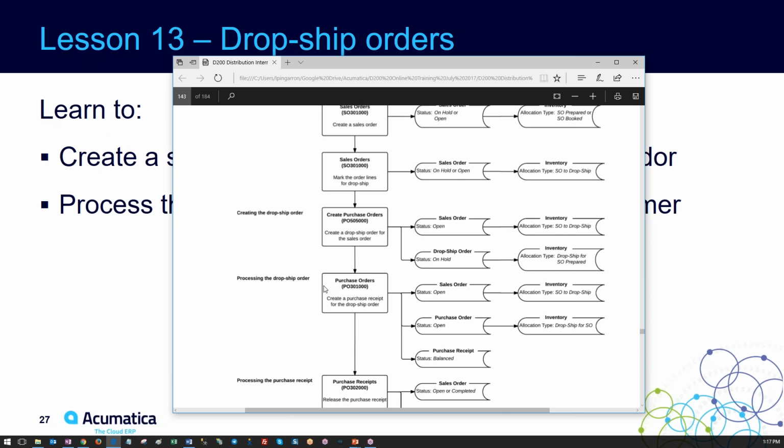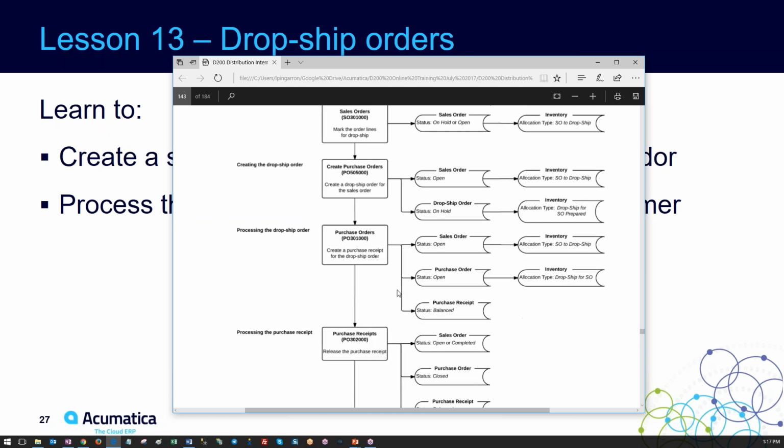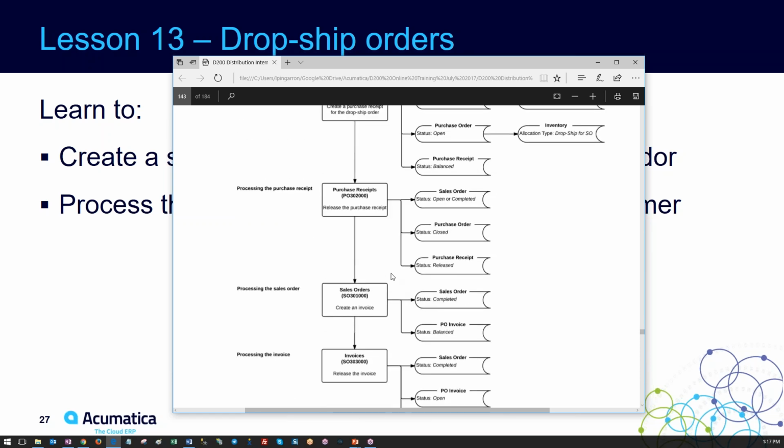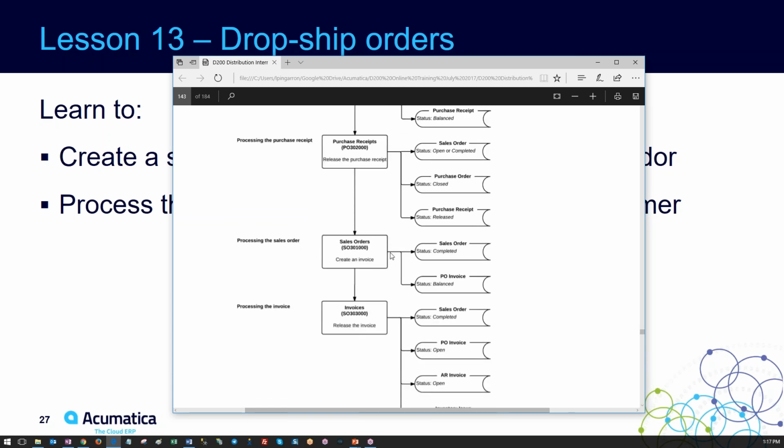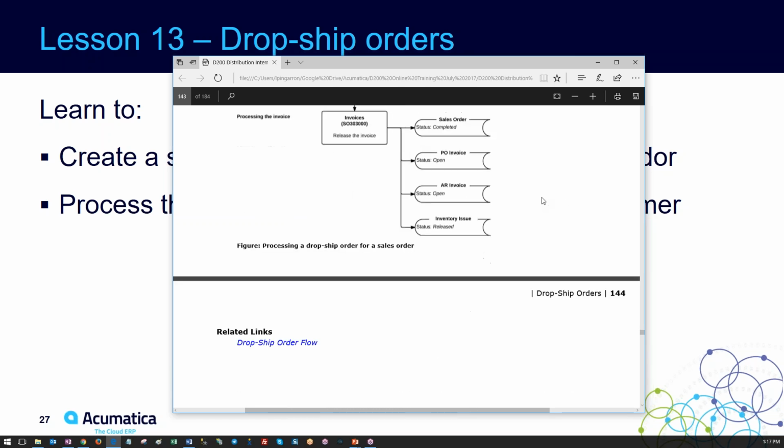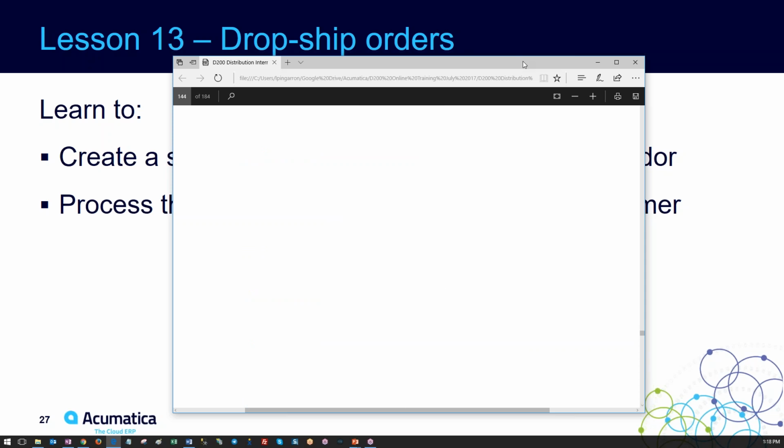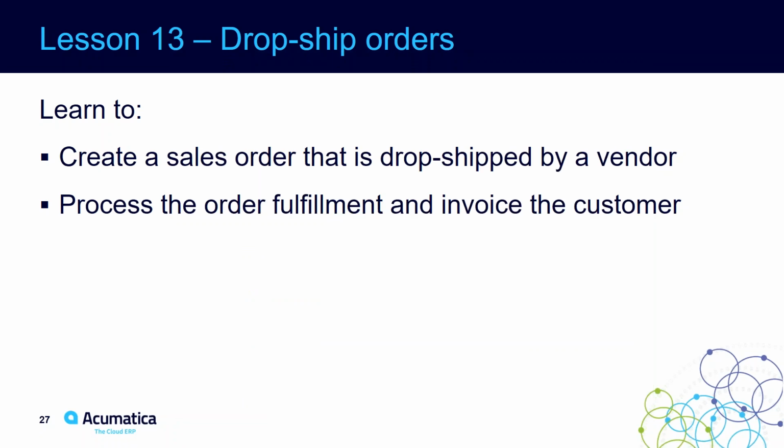We are going to process the dropship order, receive it, and once we have the dropship order, we are going to process the sales order and release the invoice. Okay, so we're going back. Let me get this in a better size so we can continue.